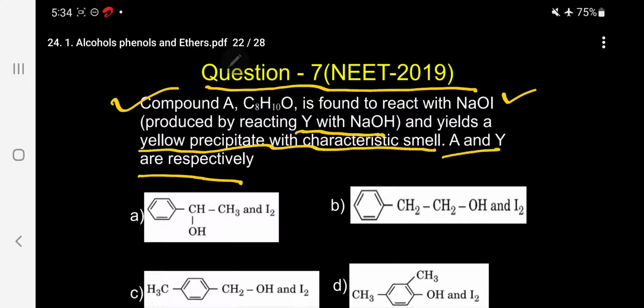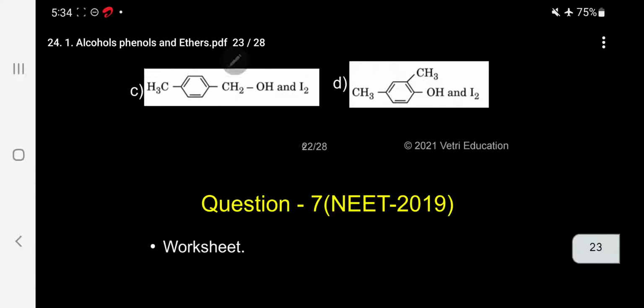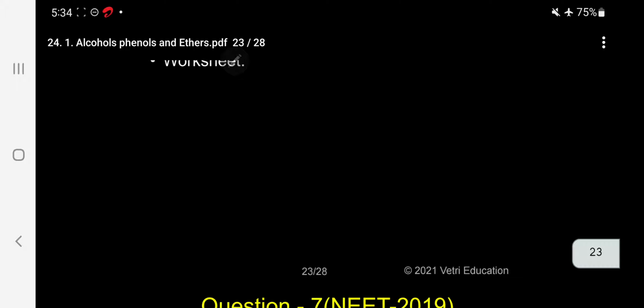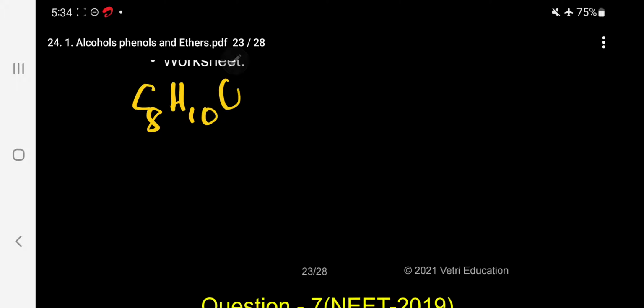So what we have now is the formula C8H10O, reacting with sodium hypoiodide. I am explaining the worksheet. My dear students, I am giving a trick, a clue, to find out how to arrive at the structure of the substrate.